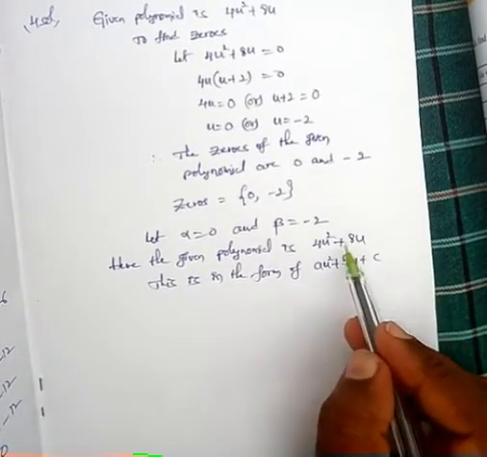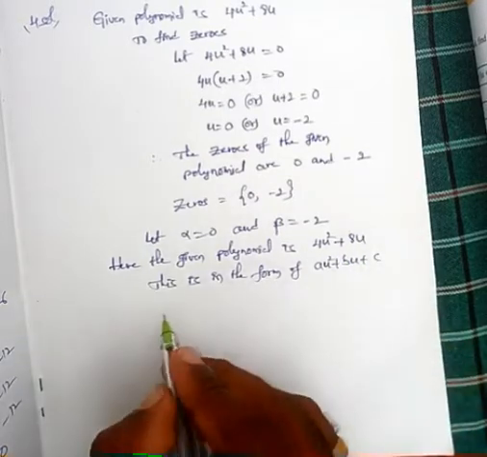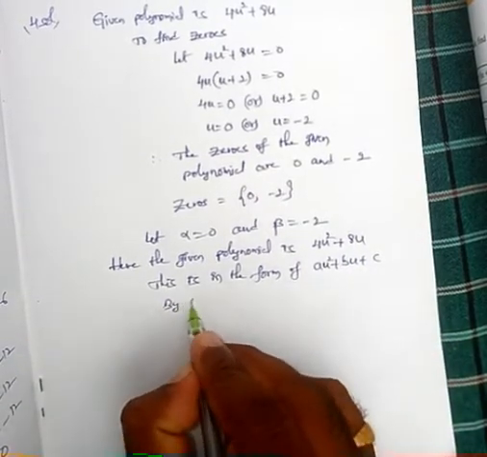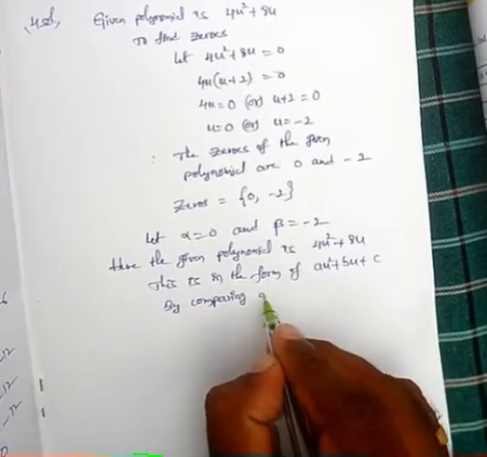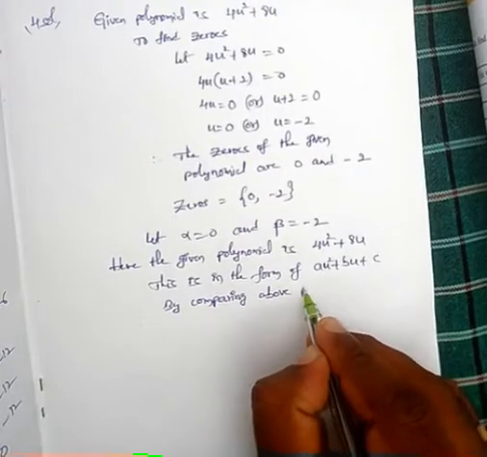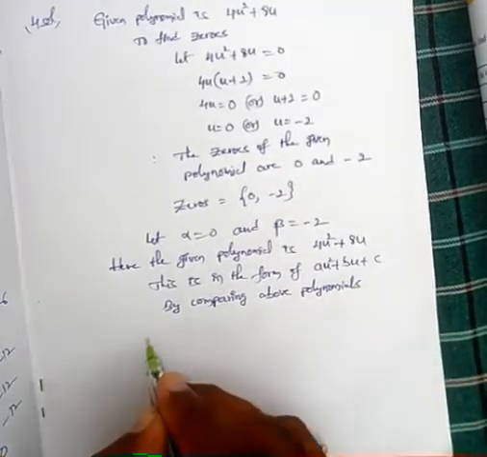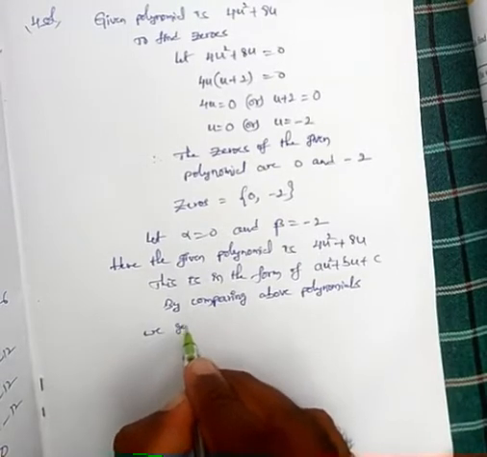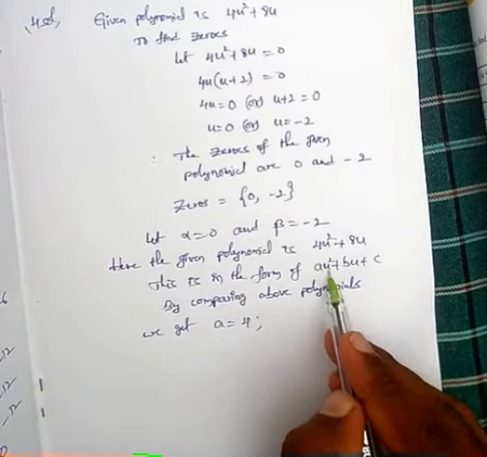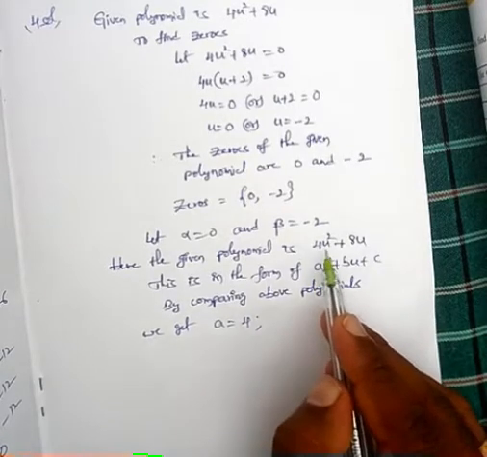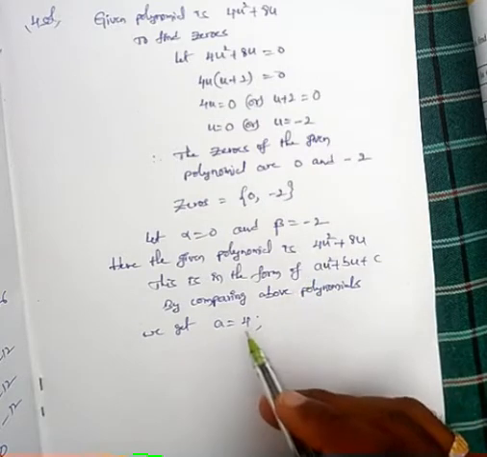And if you compare these two polynomials, you can get a, b, c values by comparing the above polynomials. We get a equal to 4, because the coefficient of u square is a, and in the given polynomial coefficient of u square is 4. That's why a equal to 4.